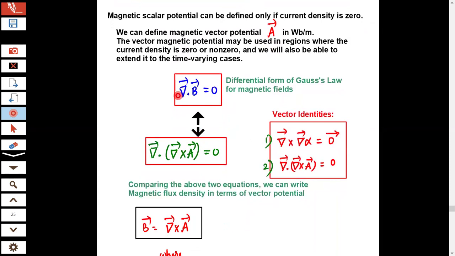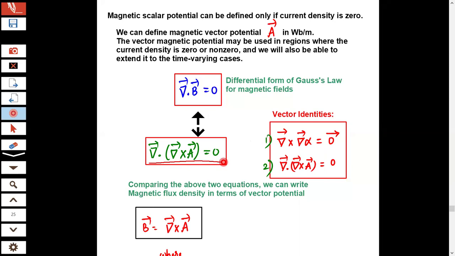So let us take our Gauss law for magnetostatics in differential equation form, that is del dot B equal to 0. And when we recall the second vector identity, divergence of a vector can be zero only if that is a curl of another vector. So if we write this B vector as curl of vector A, then we can call this vector A the magnetic vector potential, which is defined for magnetic fields.